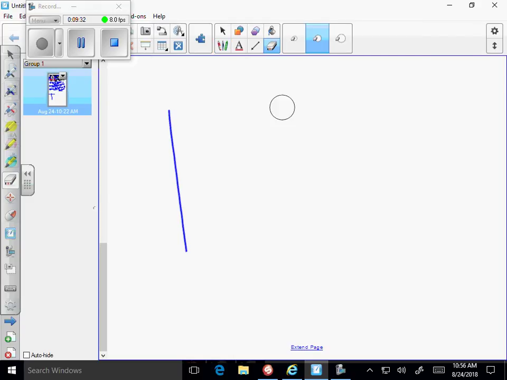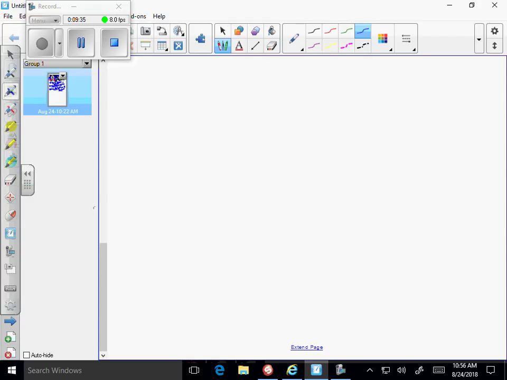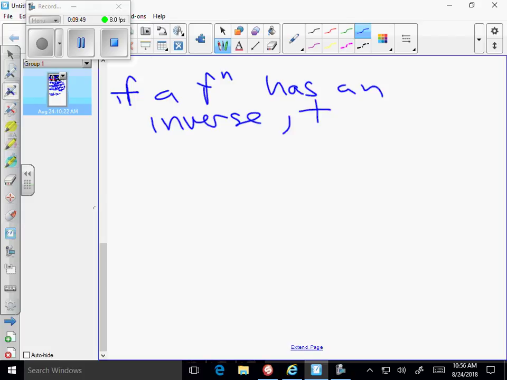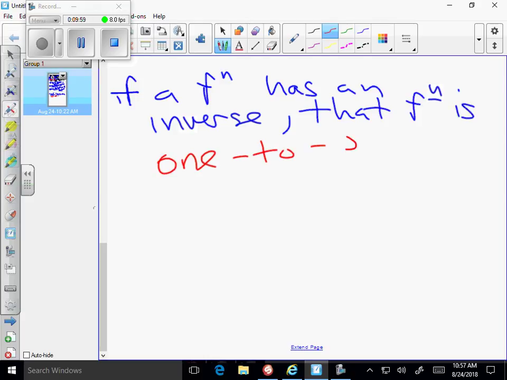Actually, if a function has an inverse, that function is, and I'm going to change colors here because I think it's kind of important, one-to-one.